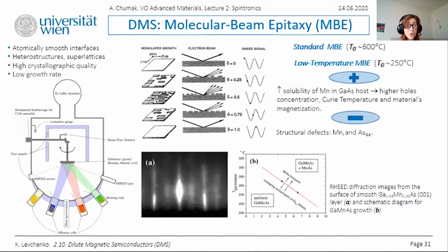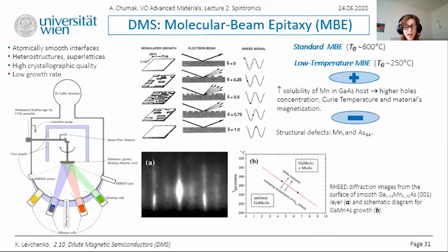So, as I already mentioned earlier, when describing III-V dilute magnetic semiconductors, a go-to method to create the layers is molecular beam epitaxy. And in the case of gallium manganese arsenide, it's low-temperature molecular beam epitaxy. This technique could be described as a refined form of vacuum evaporation or physical vapor deposition.